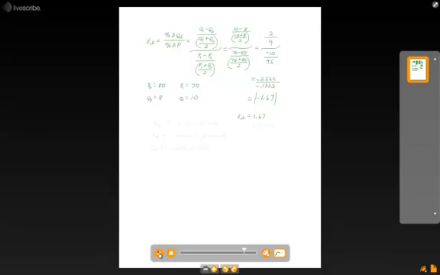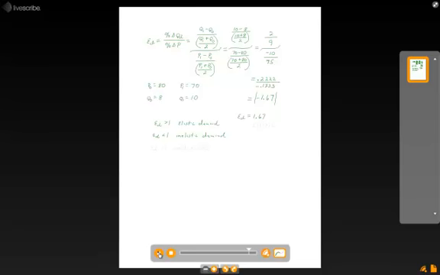All right, and now remember your rules. If the number that you get, the elasticity of demand, is greater than 1, then you will have elastic demand. If, on the other hand, the elasticity of demand is less than 1, then you will have inelastic demand.